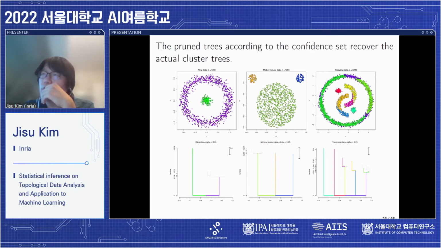But when you compute the confidence set, we can conclude that these small leaves are actually not topologically significant, and we are able to recover the tree structure that has two leaves like this, which actually corresponds to the true cluster tree from the density function.